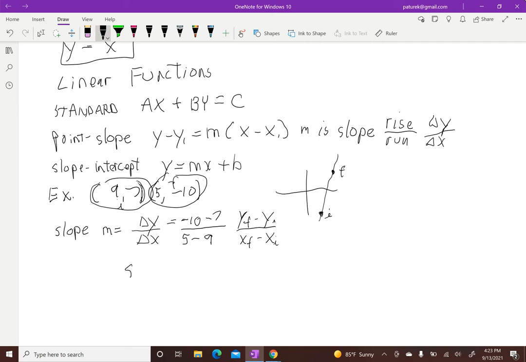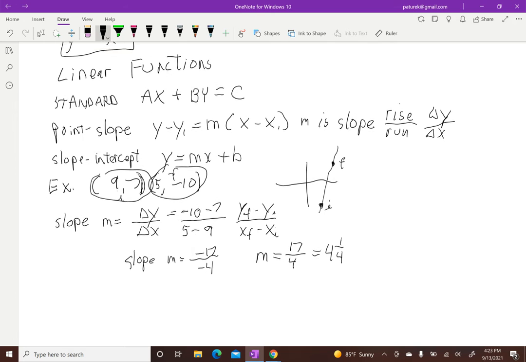So the slope in this example, m, is minus 17 in the numerator. Down below, 5 minus 9 is negative 4. The two negative signs cancel, and the slope has a value of 17/4 as an improper fraction, or that would be 4 1/4 as a fraction in proper form.